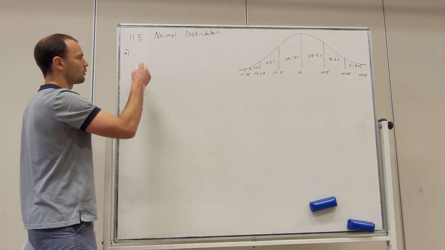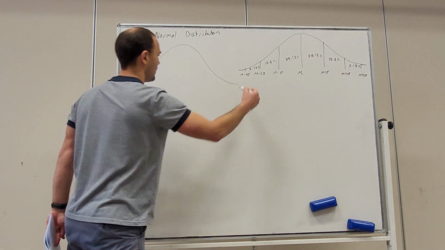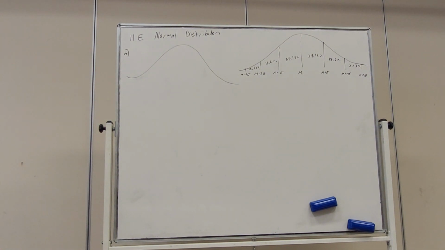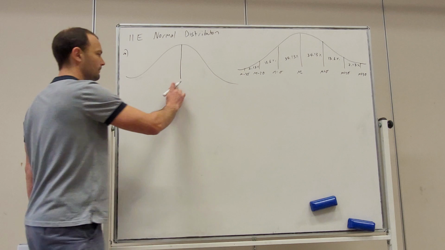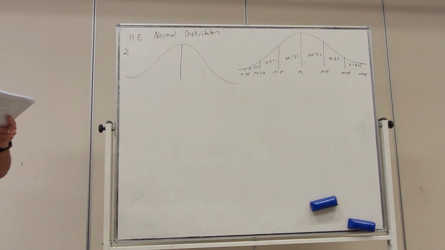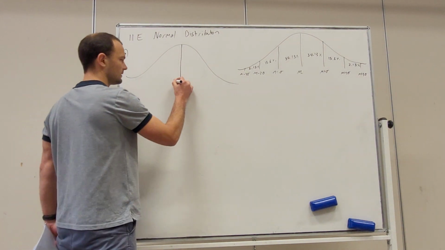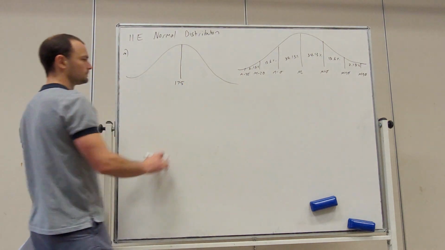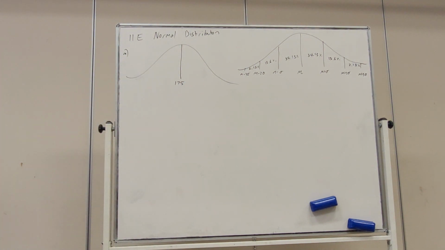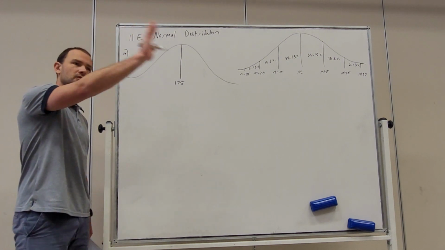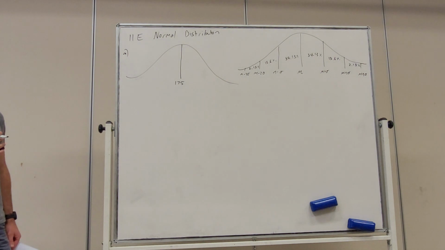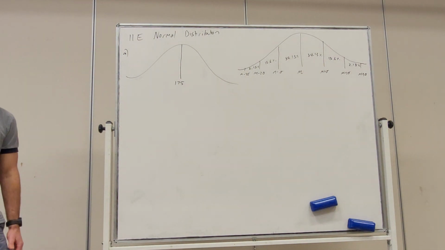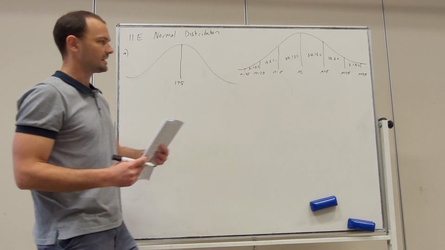So we're going to draw a bell-shaped curve, and the line in the middle is the mean, and the mean is 175 centimetres. What this means is 50% of year 11s are taller than 175, and 50% are smaller than 175. We have a standard deviation of 8 centimetres.